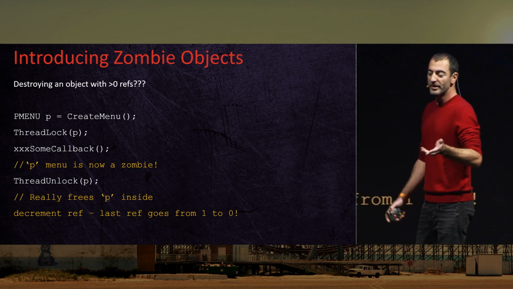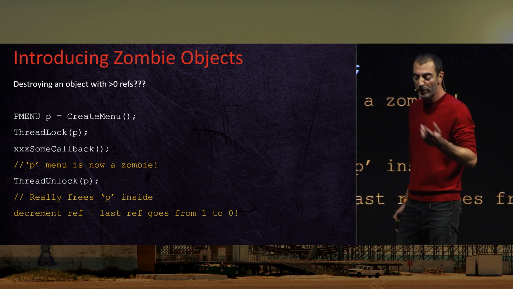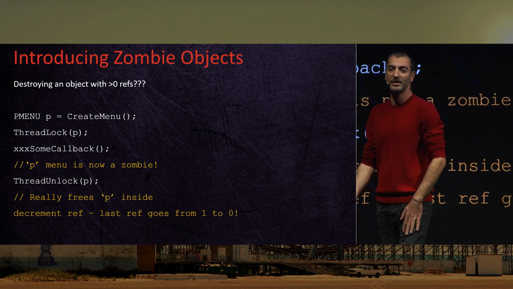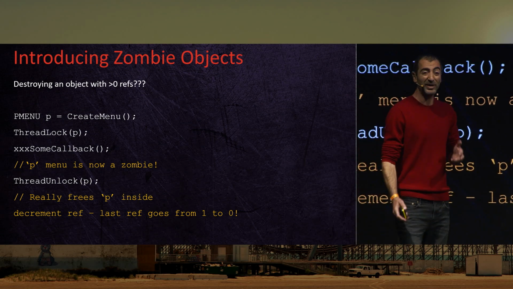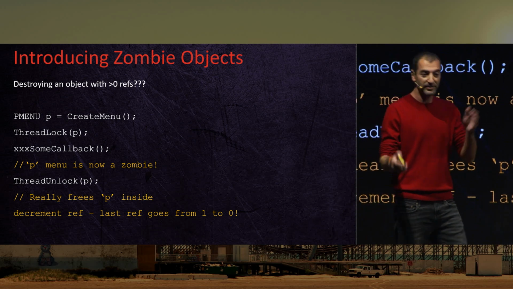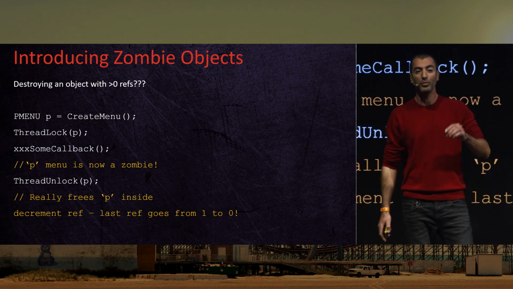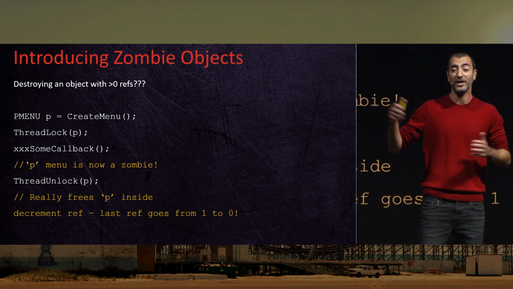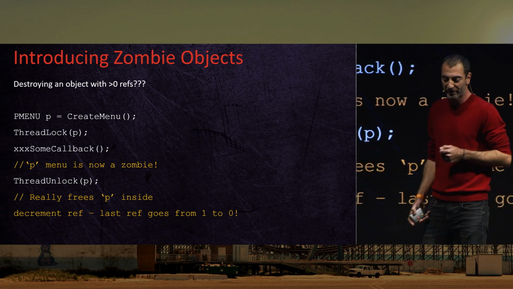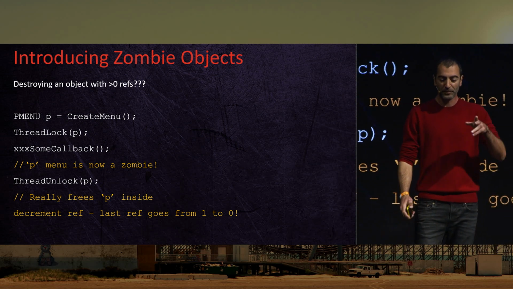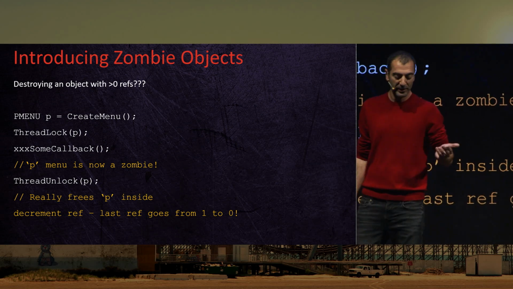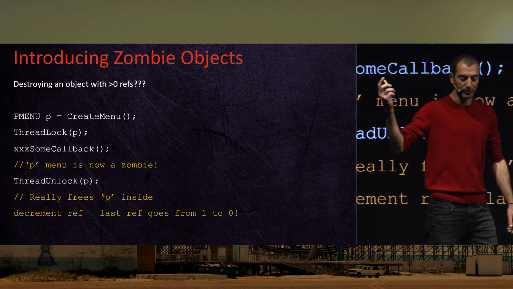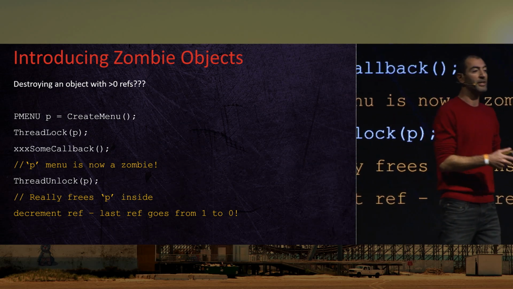Okay, so we said if we try to destroy a window or any UI object with more than 0 references, then nothing is going to happen. But in reality, it will destroy it, and soon we are going to understand exactly why the first destruction does something, and then it leaves us with some problem. Okay, so now let's see this snippet. When we get back from XXX some callback, and we destroy it in user mode, then there is a thread unlock.